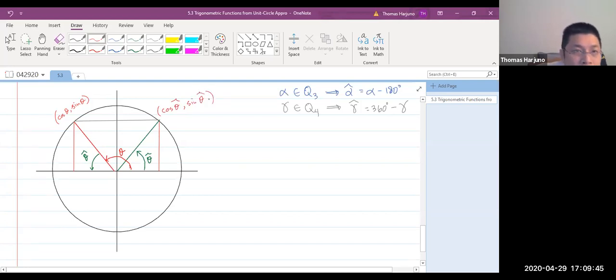Okay, now notice that the y will be the same. So from the coordinate here and the coordinate here, they have the same y, but the x is opposite. Imagine if you reflect this coordinate here with respect to the y-axis, then you get that coordinate, right?